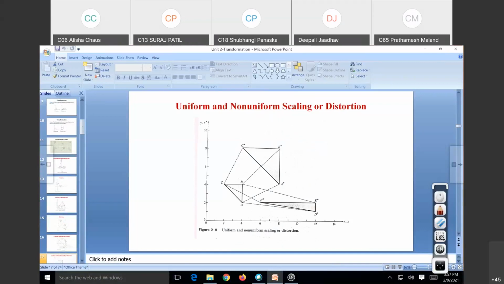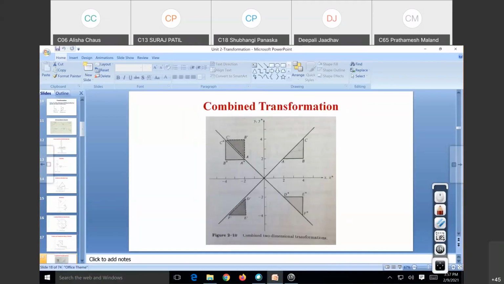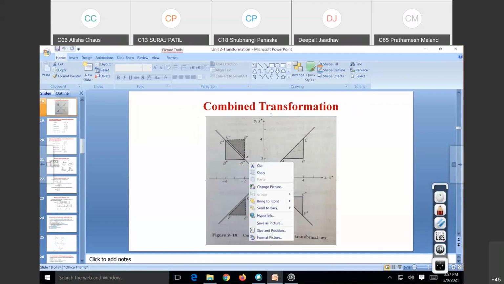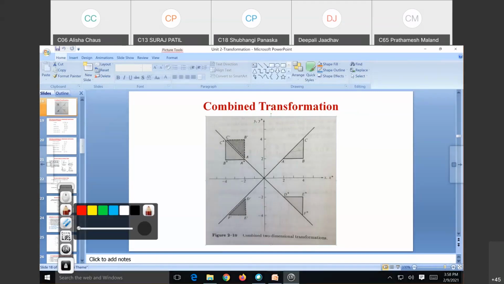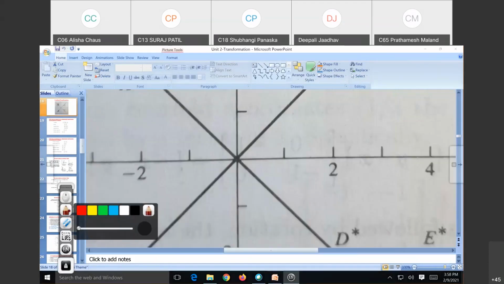That is shown here. So here you can observe that this is the original ABC, and along with that, these are transformed into A star, B star, C star.